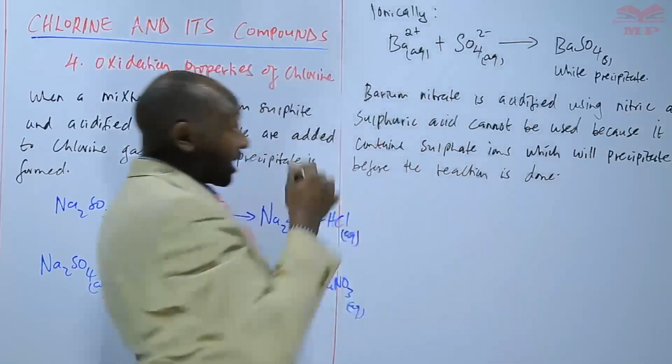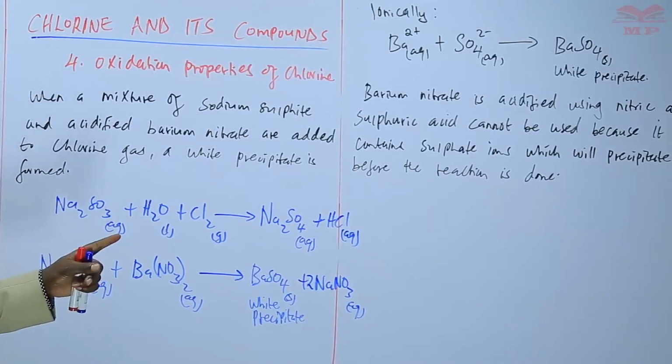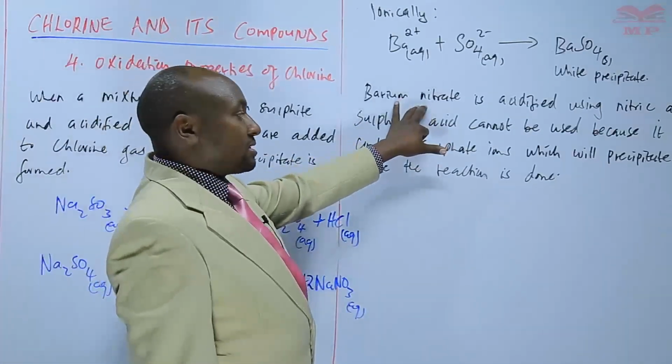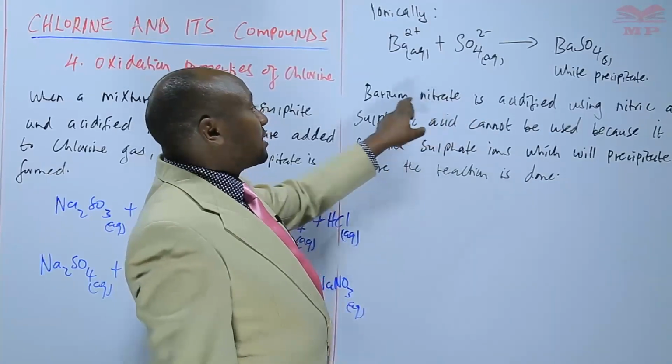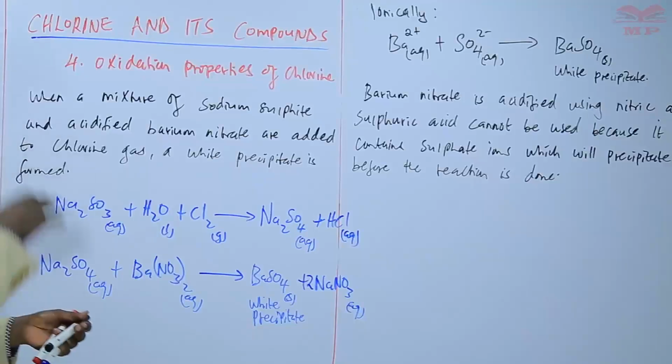So sulfuric acid should not be used to acidify barium nitrate, because if it is used, the barium nitrate just forms a white precipitate even before the reaction is done. But for nitric acid, it is the best to acidify barium nitrate.